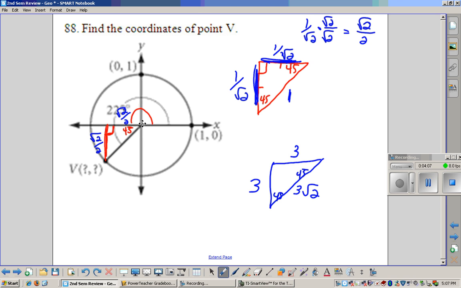To get to point V, we have to go this direction, which represents a negative distance of square root of 2 over 2, and down, which represents another negative square root of 2 over 2. That is the coordinate of V right there.